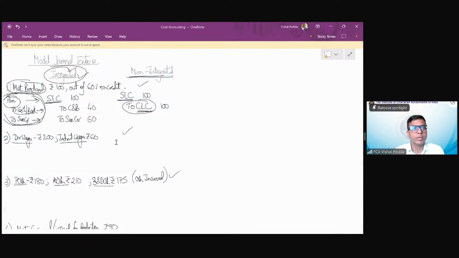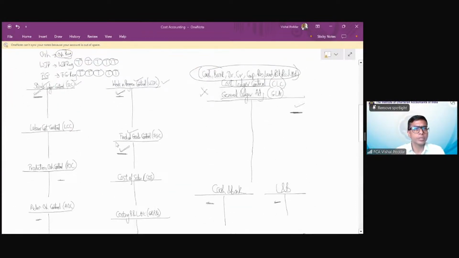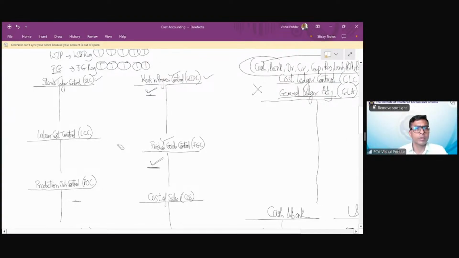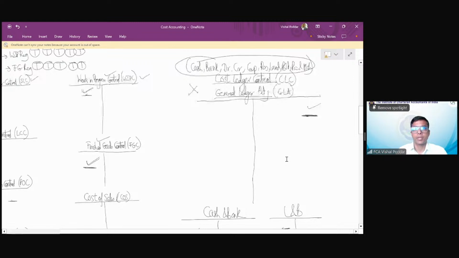Go ahead with our entries. So now just showing you the postings. For the first transaction, assuming we are following non-integrated, your posting will be like this: to CLC 100, and after writing the opening balance, whatever is given in the sum, you will write by SLC 100.